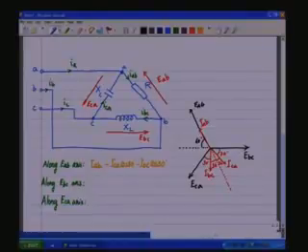So, along the EBC axis the currents are minus IAB cos 60, then we have ICA projected in the positive direction, which is plus ICA cos 30.